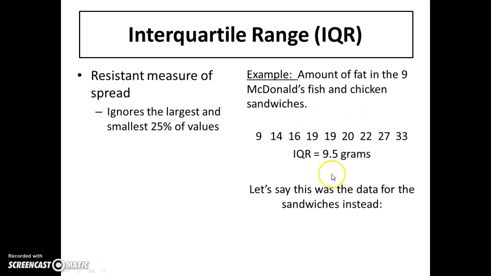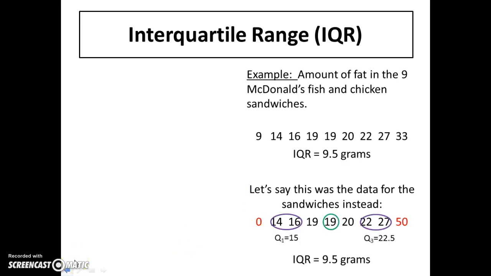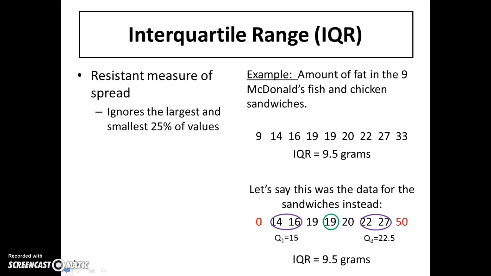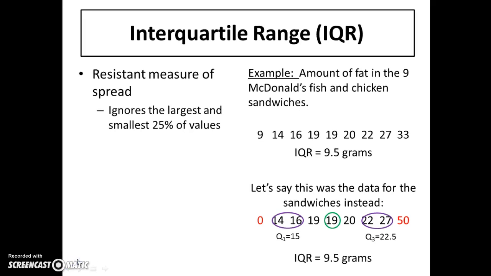Now, let's say we change the data set and we change this 9 grams to a 0 and this 33 grams to a 50, right? We made these values quite a bit smaller and quite a bit larger. However, if we calculated the IQR, it is exactly the same because the IQR is a resistant measure of spread.